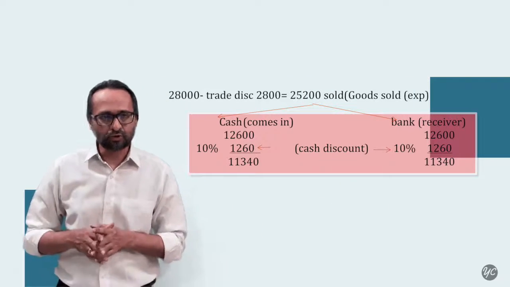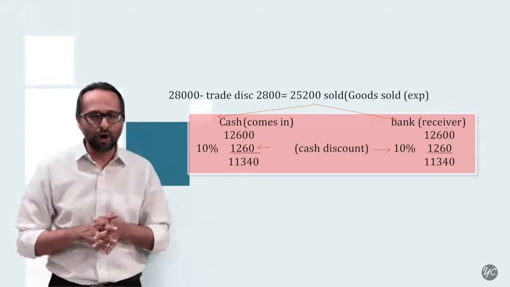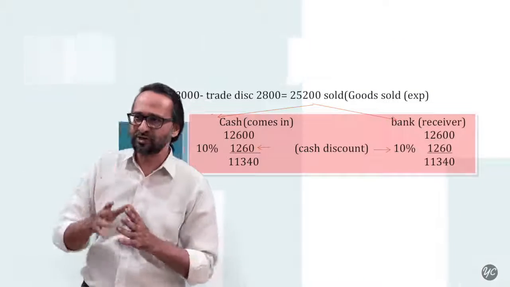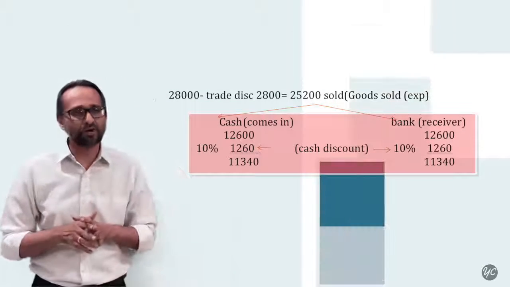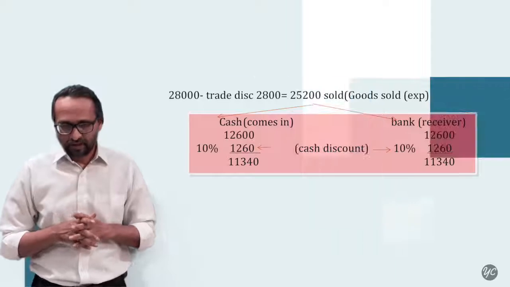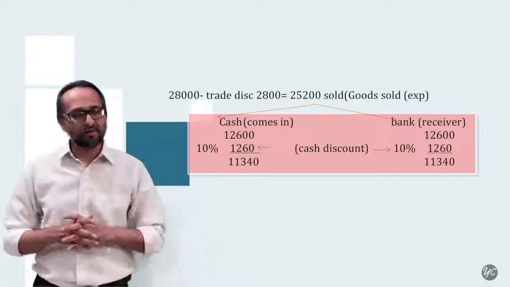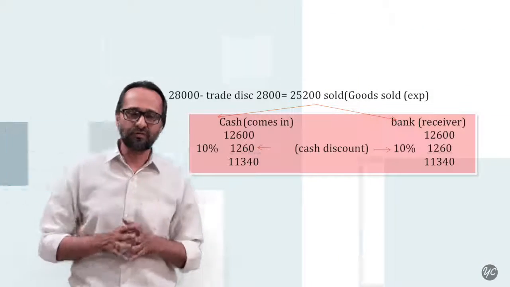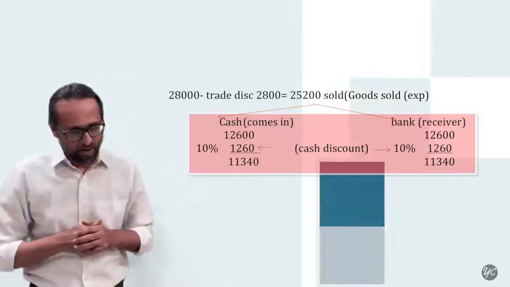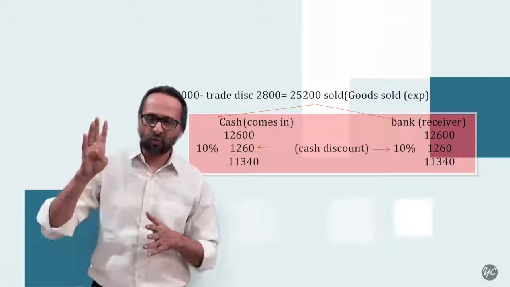So total amount of discount is 1,260 plus 1,260, equal to 2,520. That is the cash discount. And the remaining amount received from Riddhi is 11,340.